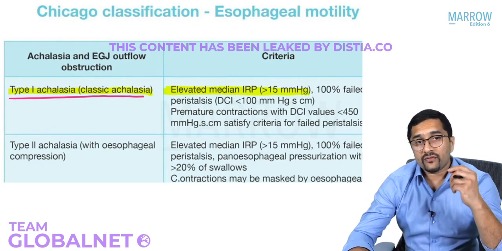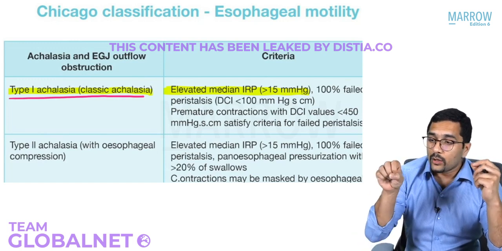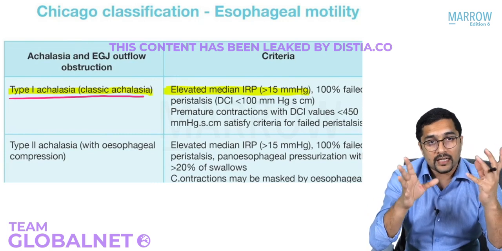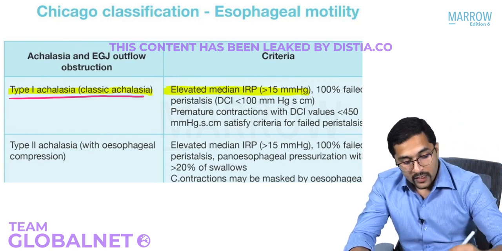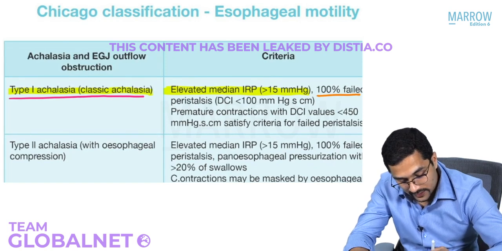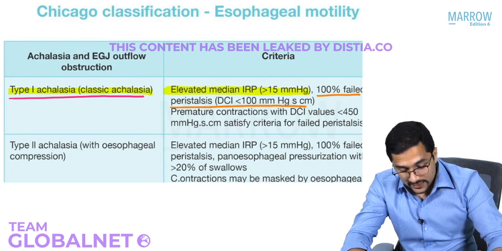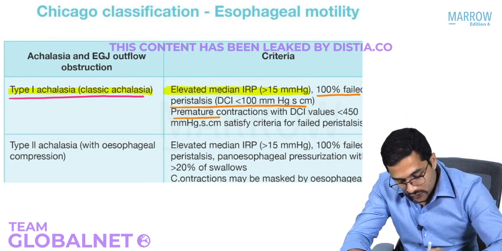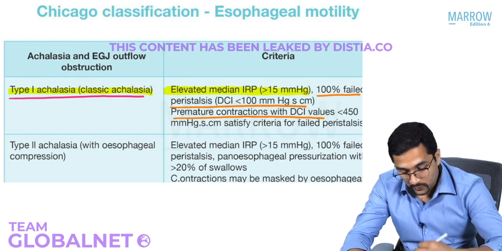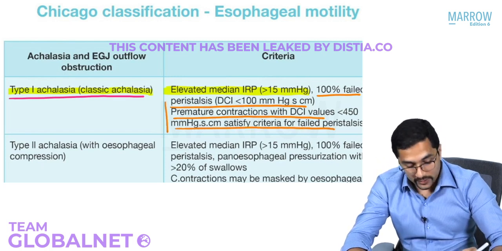So we know if there is increased integrated relaxation pressure, that means the lower esophageal sphincter is not relaxing. That is what I told you. There is 100% failed peristalsis, so ineffective contractions are there. The DCI, the distal contractile index, is less than 100, and premature contractions are also there.